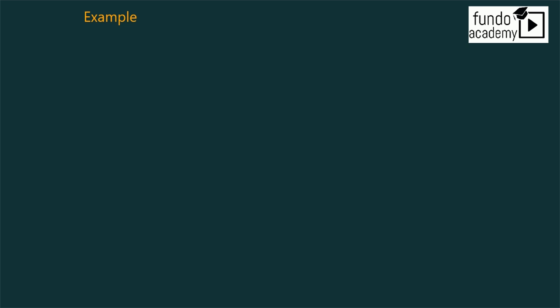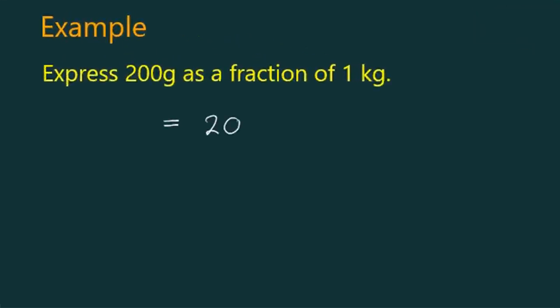For example, here we want to express 200 grams as a fraction of 1 kg. Alright, so what we do here, we simply take our 200 grams, and we want to express it as a fraction of a kg, and we know that 1 kg is actually 1,000 grams.